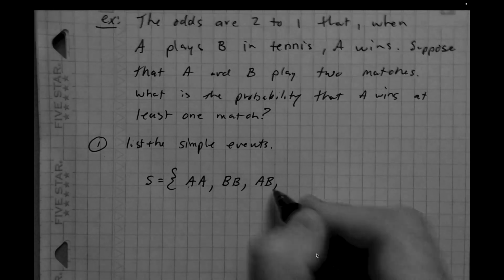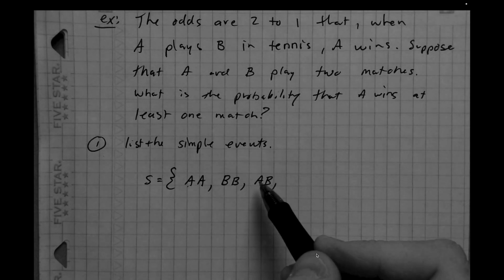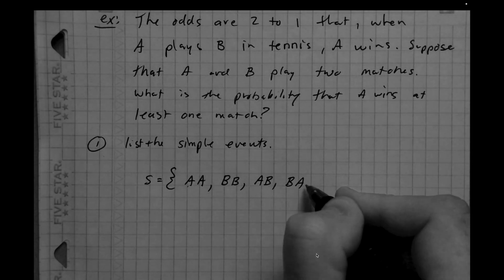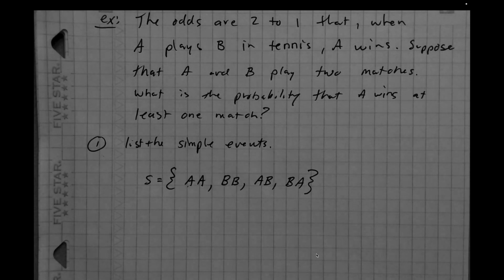And then the final option, the only thing left, is that B wins the first match and A wins the second. There's no additional options. Every match has some winner, we'll assume, right? And there are two matches, so this is everything that can happen. So this would be all of the simple events of this particular experiment.